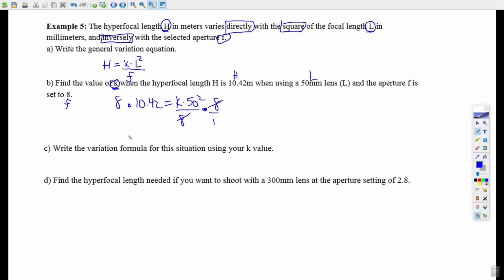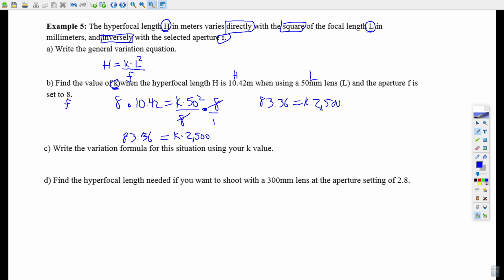So if I go down here, we'll have 83.36 equals K times, and we can also do 50 squared. So what is that? 2,500. 83.36 equals K times 2,500.